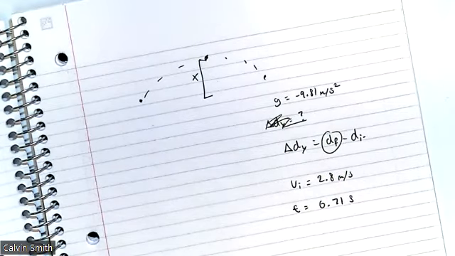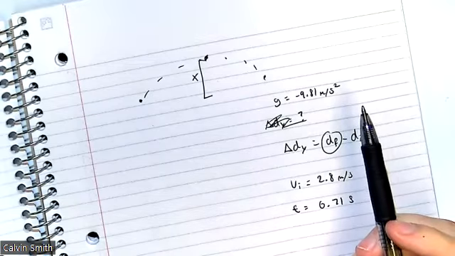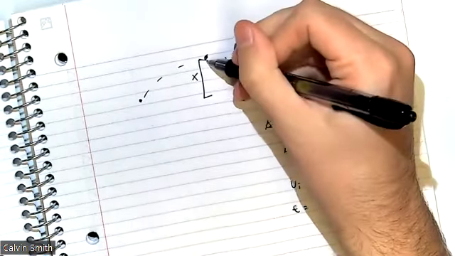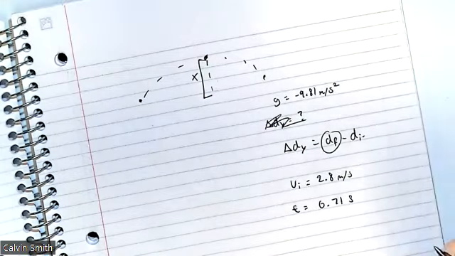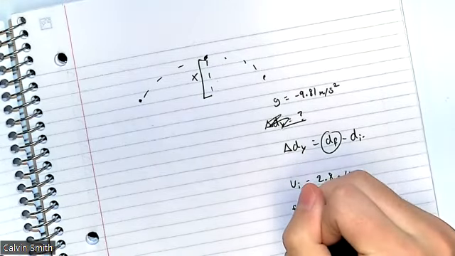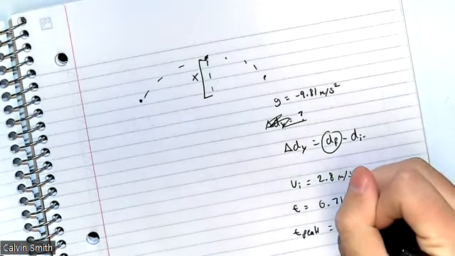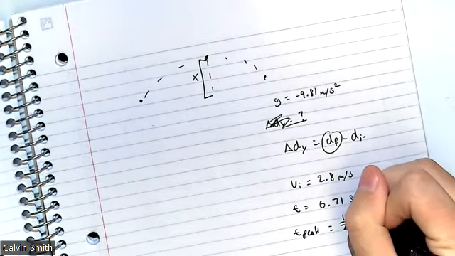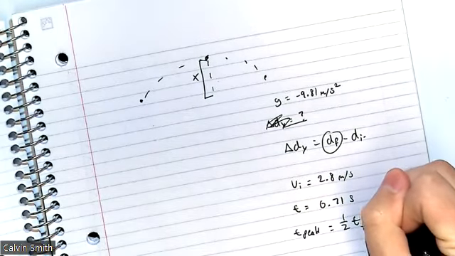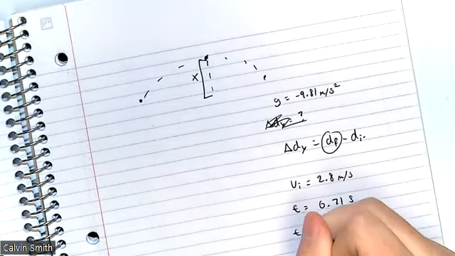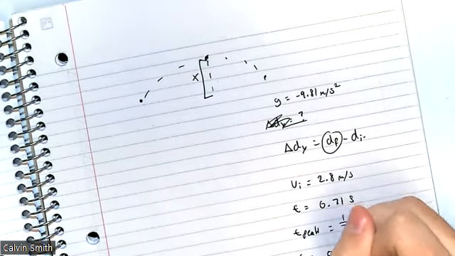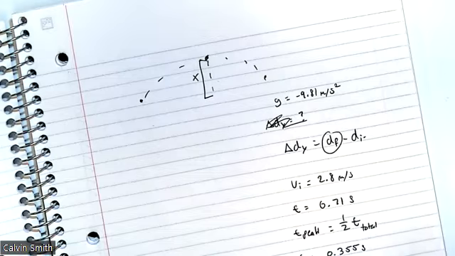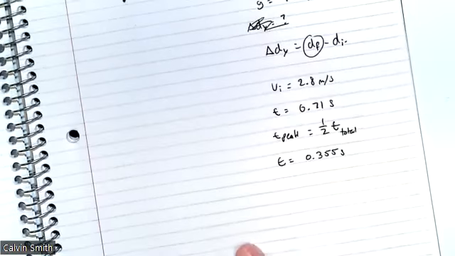For this one, we don't want total time. We actually only want time at the peak, which is half of total time. So the t we're going to use is 0.355 seconds.